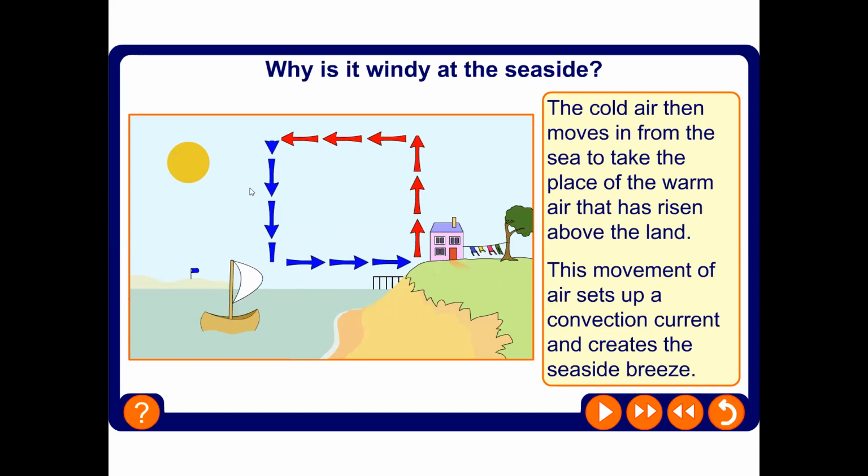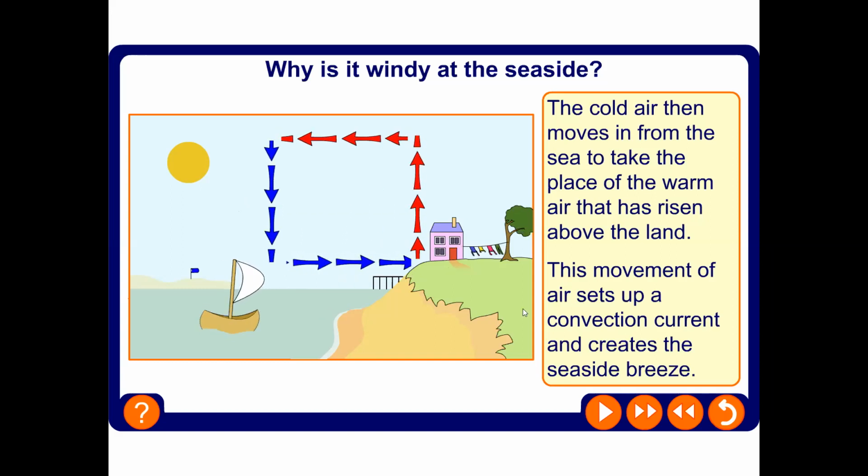That sets up a circular motion again. It's exactly the same as what we discussed in the previous slide, how the water is boiled and how convection currents are set up in water. Due to the temperature difference, this sets up a circular movement of air, what you call a convection current, and that creates the breeze or wind at the seaside.